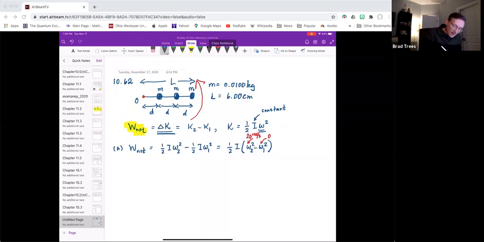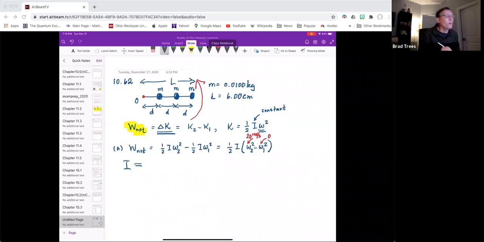I need to work out the formula for I, the rotational inertia of this structure about point O. So I'm going to take the mass of each object times its distance from the axis O squared. Every object of the 3 particles has the same mass, but they are different distances from O. That's what I'm going to have to keep track of.